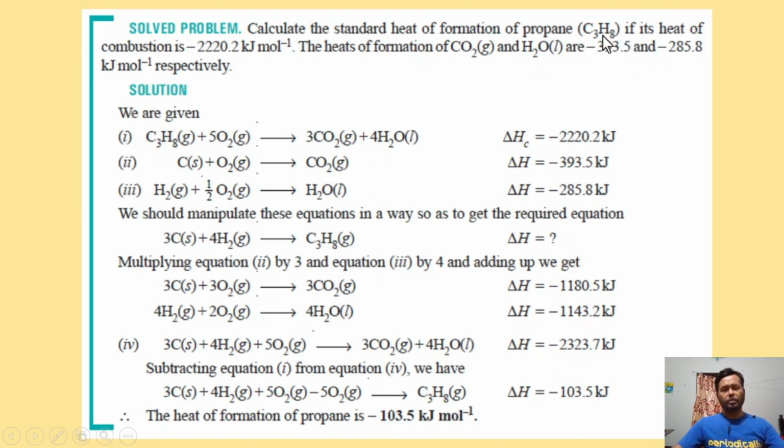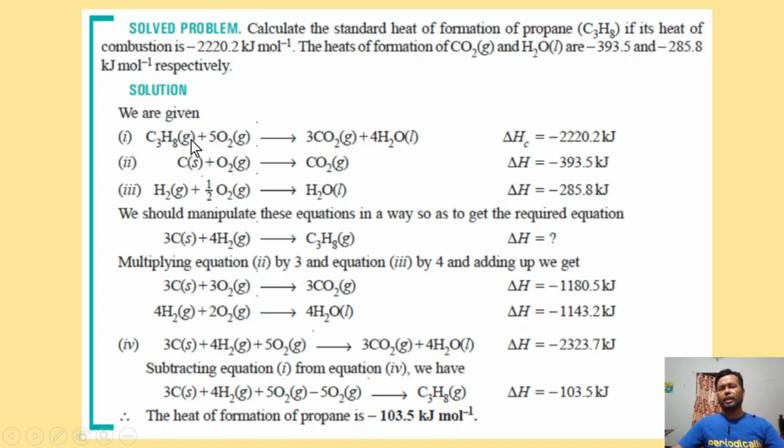So here you have to find out the heat of formation of propane. If its heat of combustion is 2220.2 kilojoule per mole, the heats of formation of carbon dioxide and liquid water are these values.